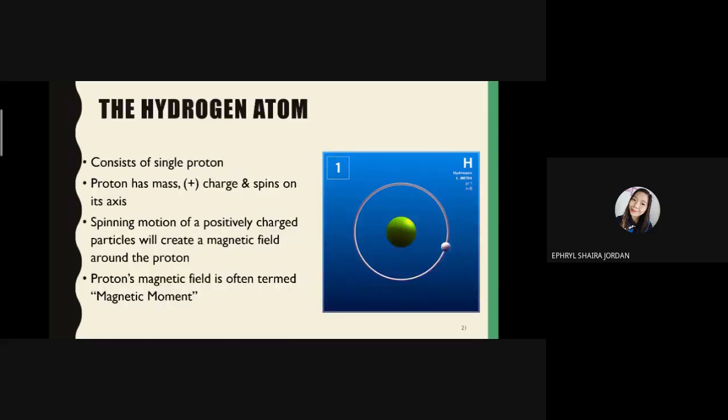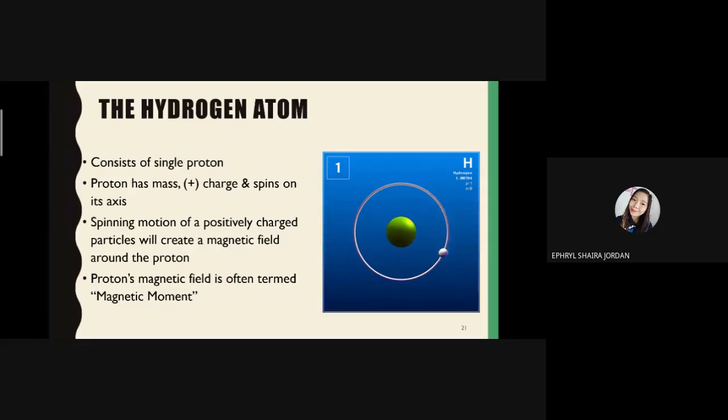Now let's get to know the hydrogen atom. The hydrogen atom consists of a single proton. The proton has mass, it is positively charged, and spins on its axis. The spinning motion of a positively charged particle will create a magnetic field around the proton.